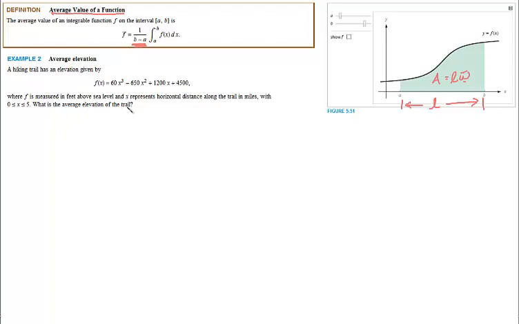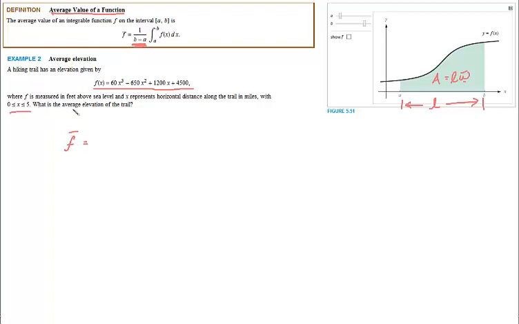So let's see if we can get the average elevation of a trail given that the hiking trail follows this function. It's interesting that we know the function that the trail follows and yet we don't really know the average elevation, but whatever.